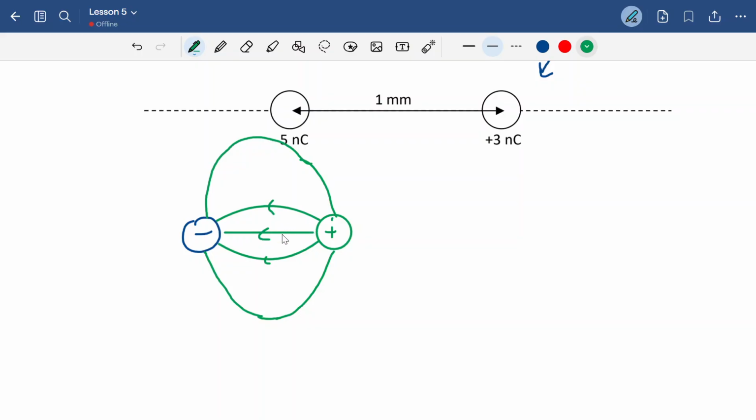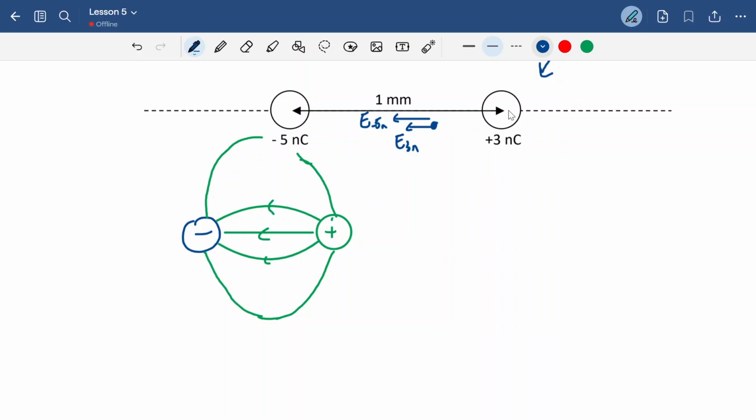the center anymore. At the center, there will always be an electric field. So in this case, anywhere in the center, because this is negative here, there will be an electric field due to the 3 nanocoulombs towards the left. There will be an electric field due to the 5 nano also towards the left.